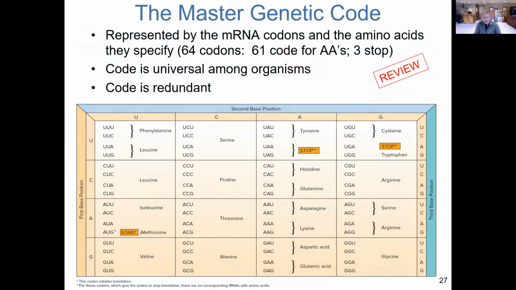Now, this table is showing you the codon sequences within the messenger RNA and specifying which of the 20 amino acids each codon codes for.